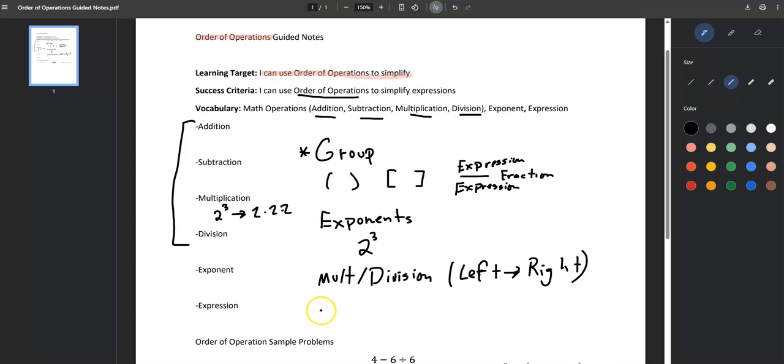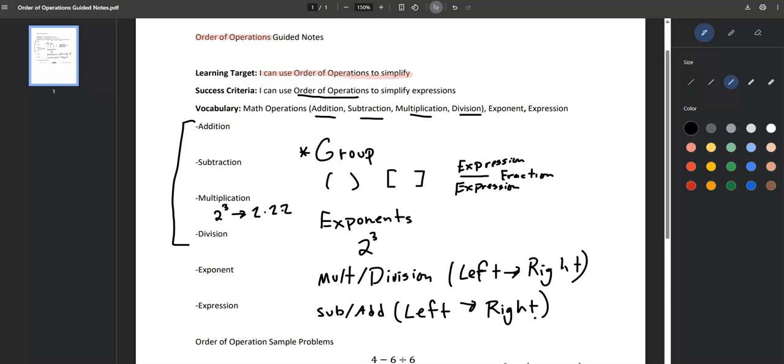And then the last thing I'm going to do is look for any subtraction and addition, and I'm going to work left to right again, even though it's not as critical with adding and subtracting. It's just a good habit to get into.